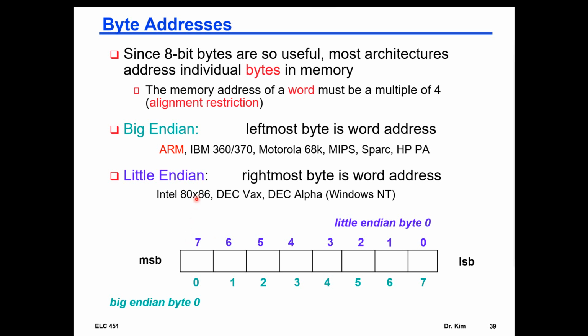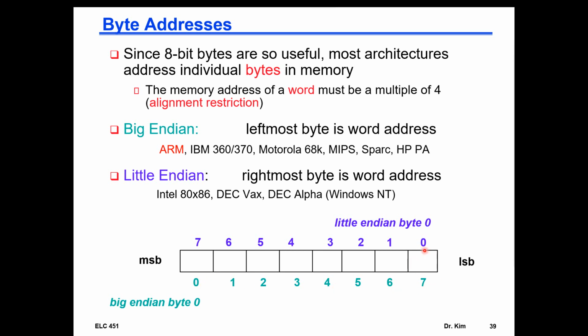So this is memory address, let's say 0. And this is memory address 1, 2, and 3, and so on. I'm sorry, we're here. In the big endian type, the leftmost byte is the address. So we would store the most significant byte at this address and go down that way.